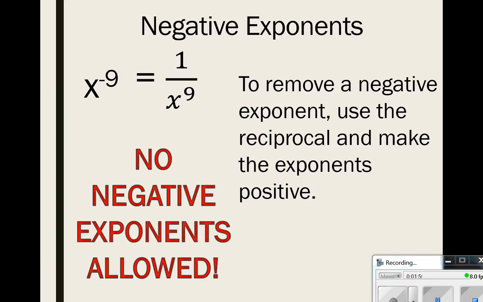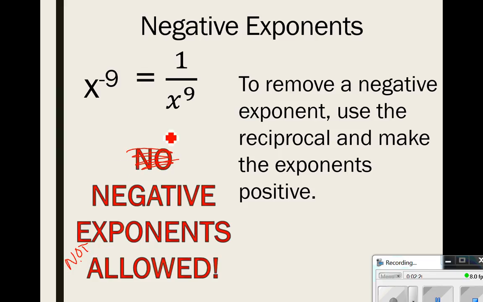Negative exponents are not allowed in your answer. I need to change that to say negative exponents not allowed. So forget that part, let's put "not." Wow, that makes a little bit more sense.